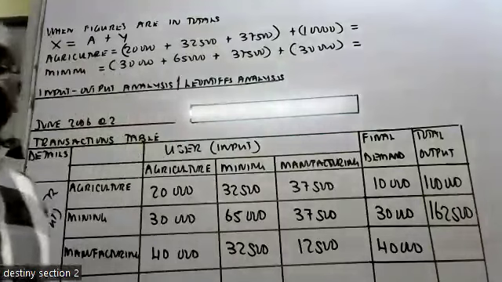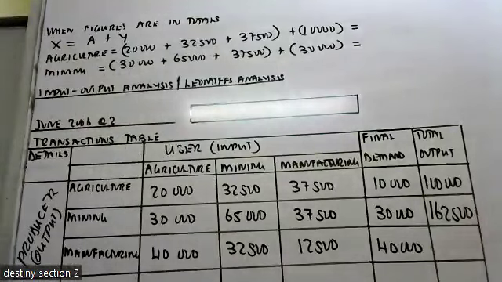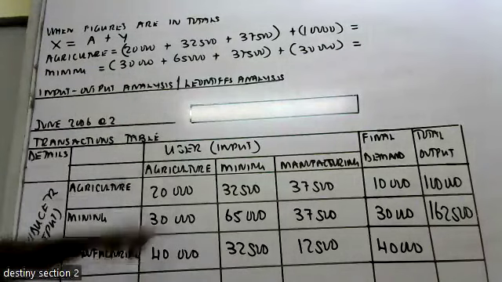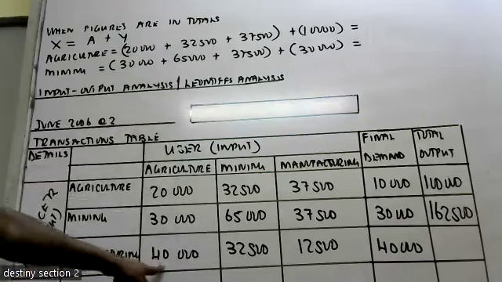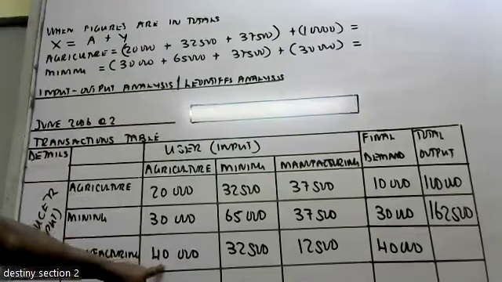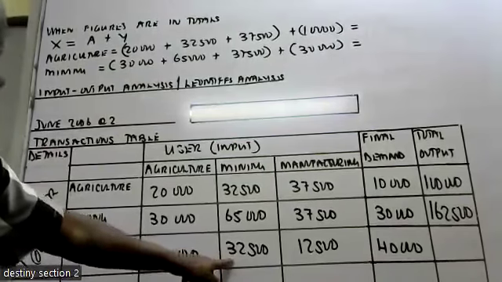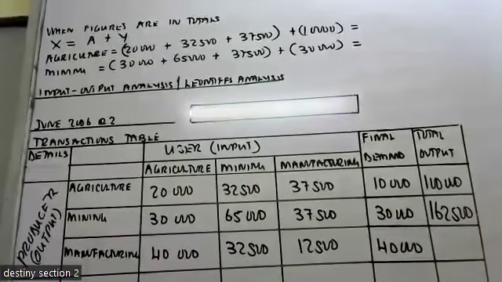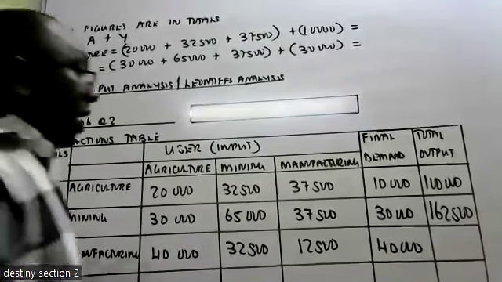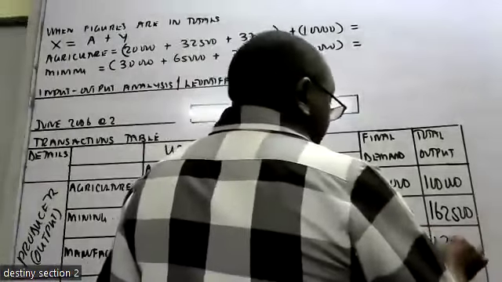So that is how we arrive at 162,500. And I argue the same way for manufacturing. My space is over, I will not write that. So 40 plus 2.5 plus 12.5 plus 40 is equal to 125.